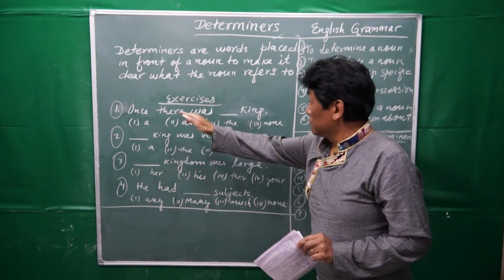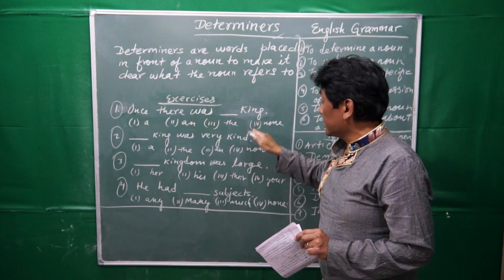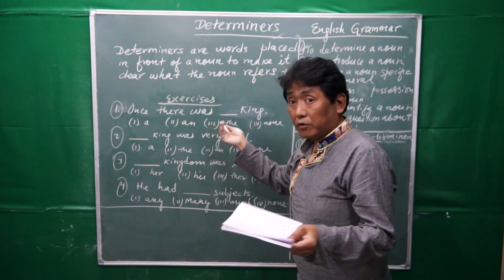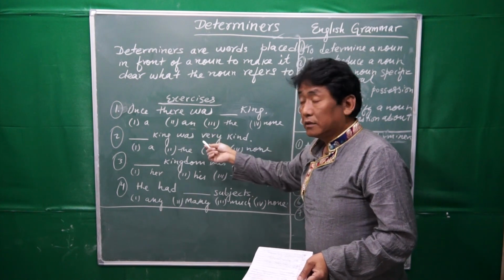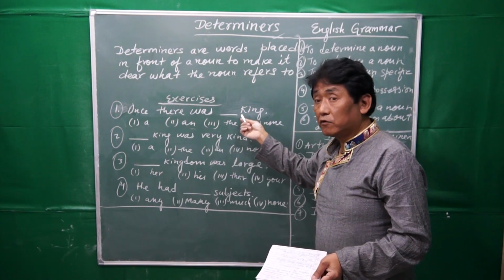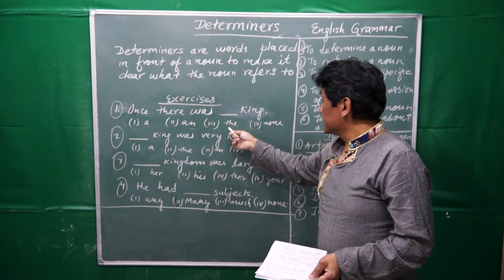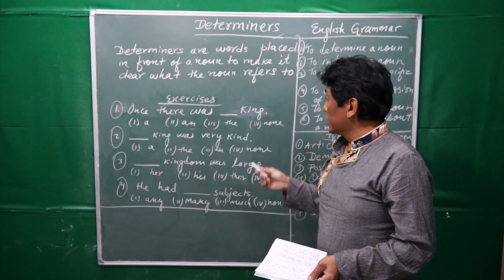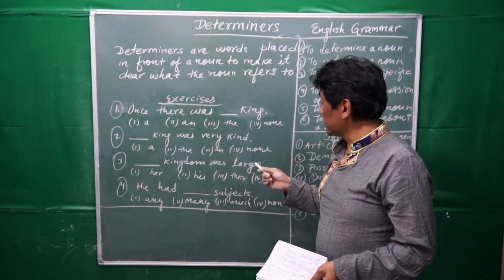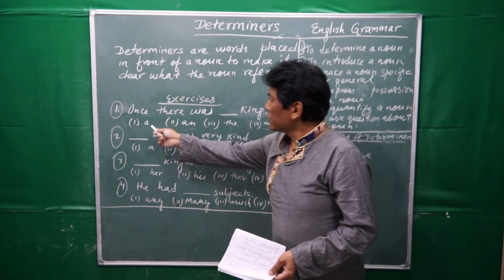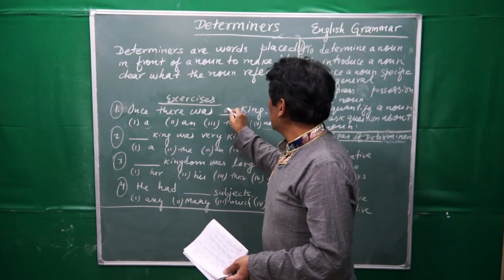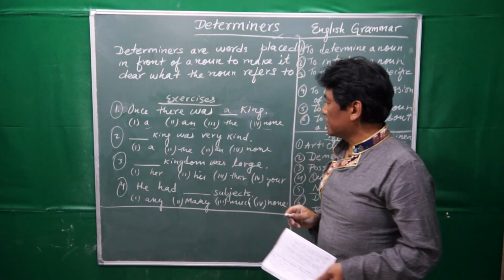You cannot write "an" because this sound is not a vowel sound. You cannot write "the" because we are talking about the king for the first time and we are not making it specific, and this is none. So we are going to choose this one, a king. Once there was a king.